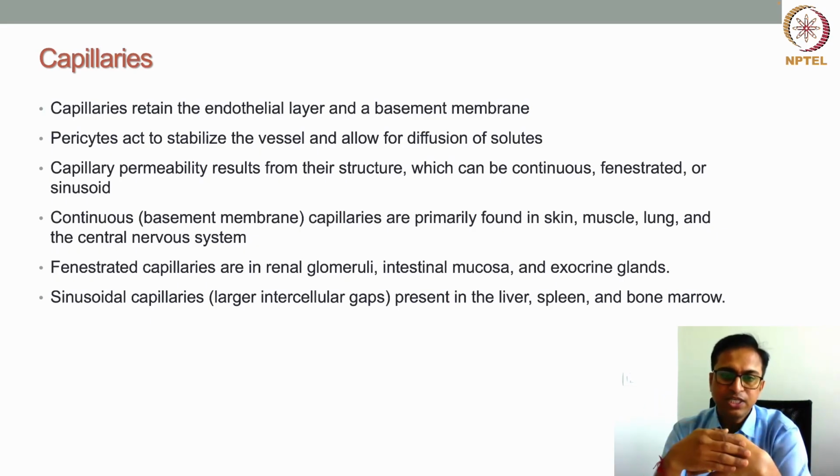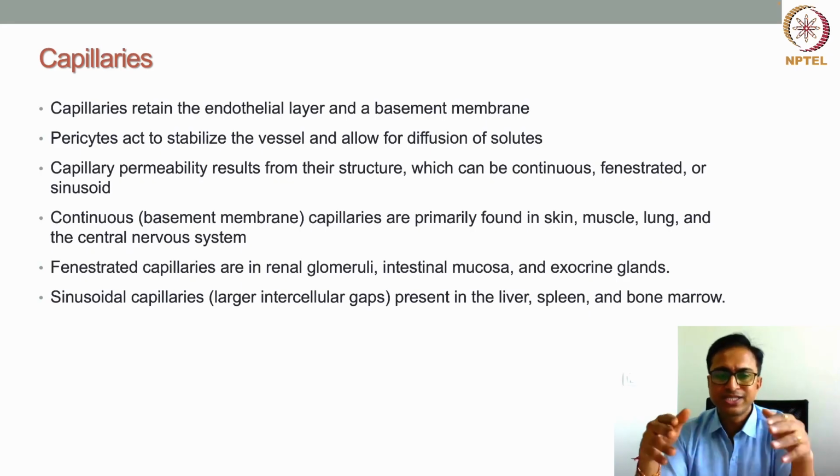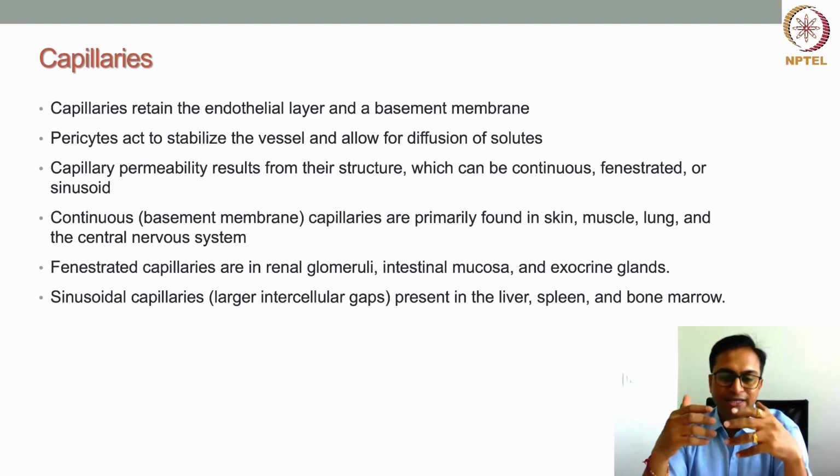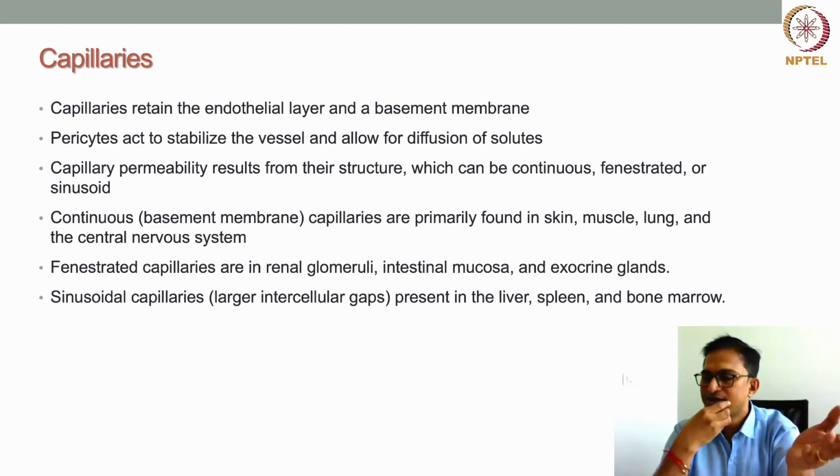So in the case of continuous capillaries there is definitely a more typical modulation of the diffusion of these solutes. The second category is fenestrated capillaries, where the basement membrane is not continuous and there can be some fenestration. They are present in renal glomeruli, intestinal mucosa, and exocrine glands. There, the diffusion is very different than in continuous capillaries.